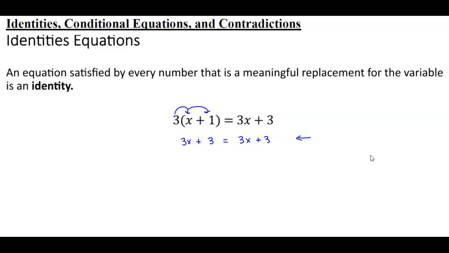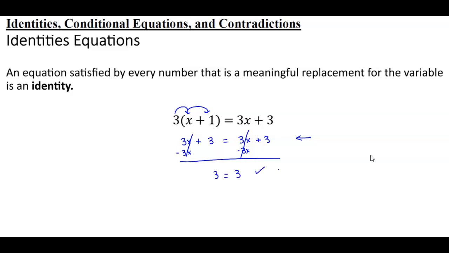Now, if we wanted to solve for x, what we would have to do is subtract 3x from both sides. Well, what happens when we do that? We eliminate the x's on the left side of the equation, we eliminate the x's on the right side of the equation, and what we end up with is a statement stating that 3 equals 3.